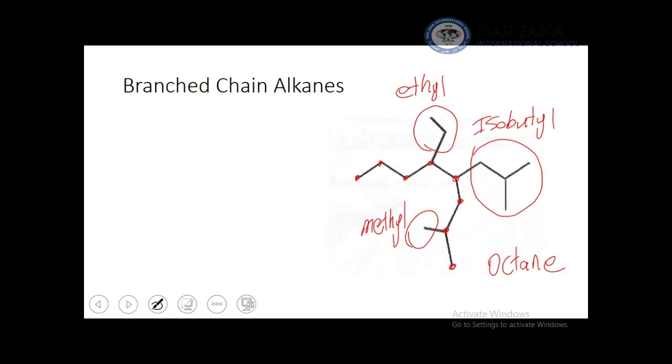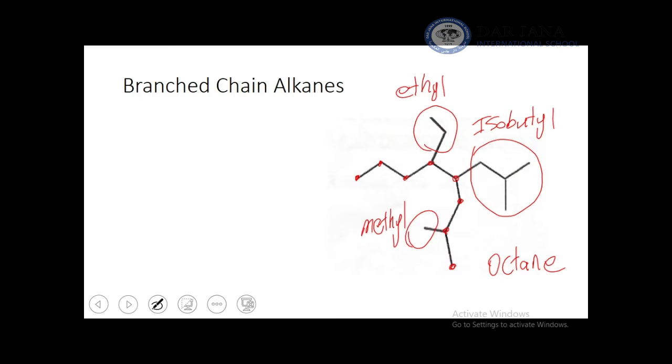Before you give it a name, you have to number it in a correct way. Correct numbering of the parent chain is very important. You have to start from the end that is closest to the branching.